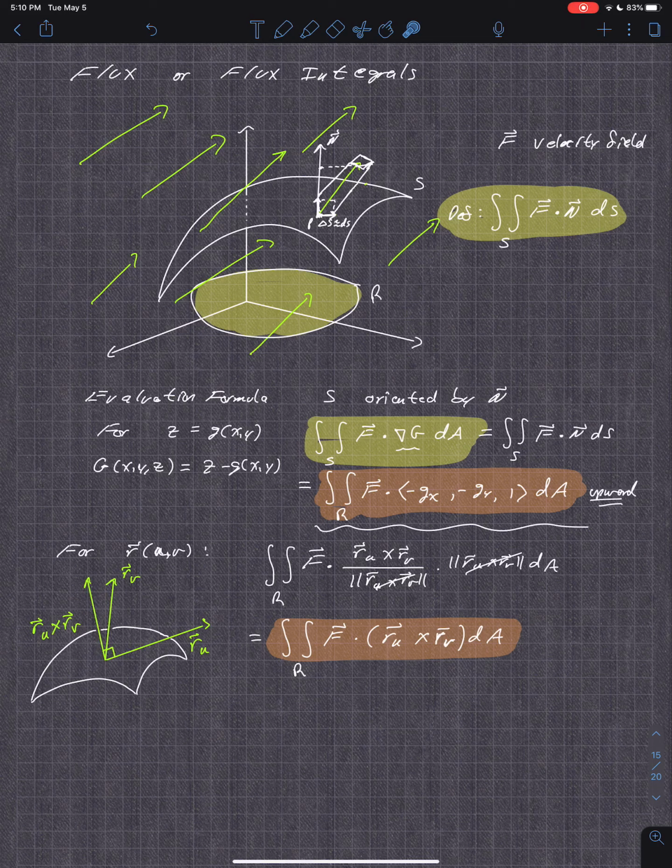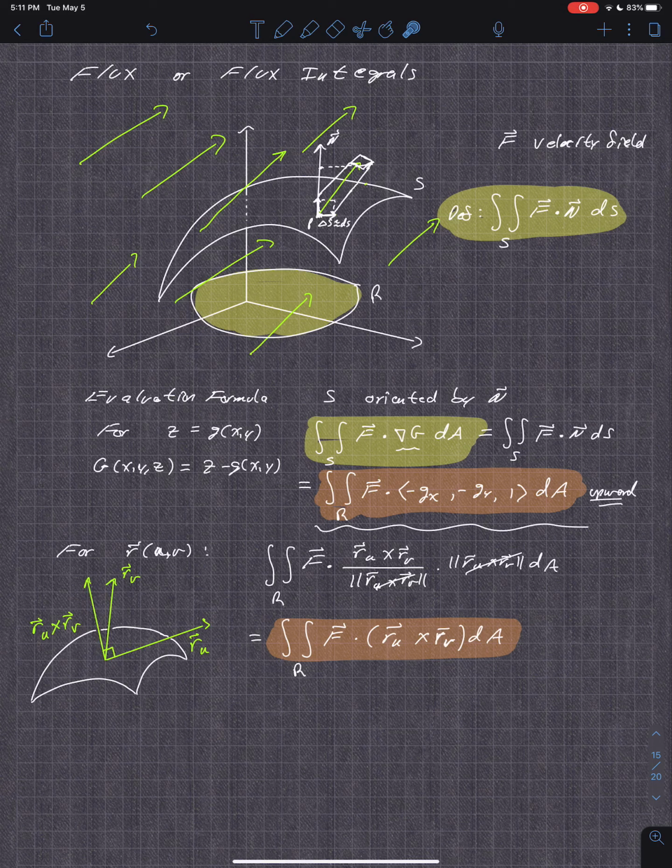Okay, so this is the definition. It's a surface integral. So you're integrating over the surface S, and F dot N calculates kind of like the amount that's going through it. If you have perpendicular vectors, then you're going to have a greater amount because you're not wasting any of the geometry.